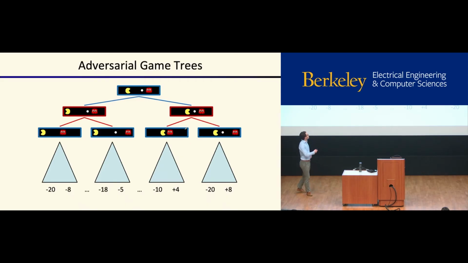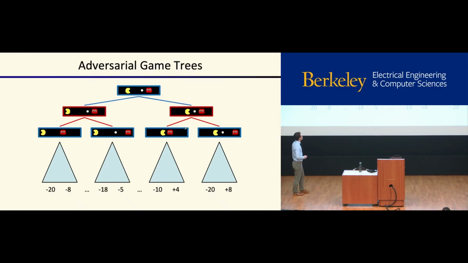So this is what an adversarial game tree would look like. And notice how the color of the different levels alternates because we're taking turns. First Pac-Man goes, then the ghost goes, and then the Pac-Man goes again, etc. And at the bottom, we might have some utilities associated with these outcomes, right? So we might say, the lords of Pac-Man have decided that these are the outcomes associated with these states down here, and these ones are associated with those states.